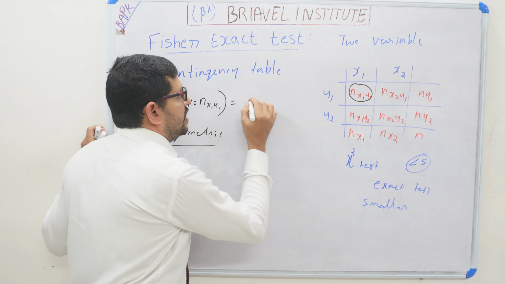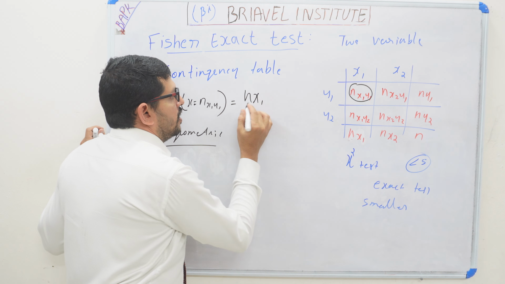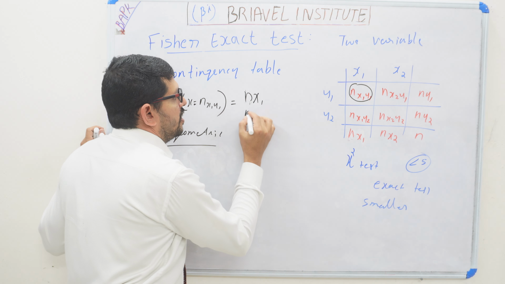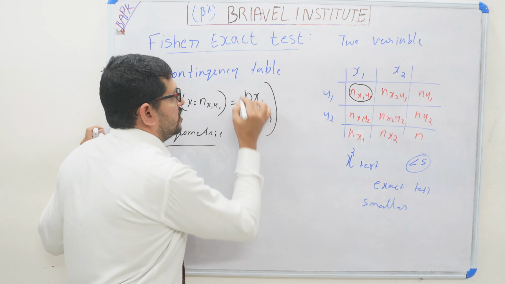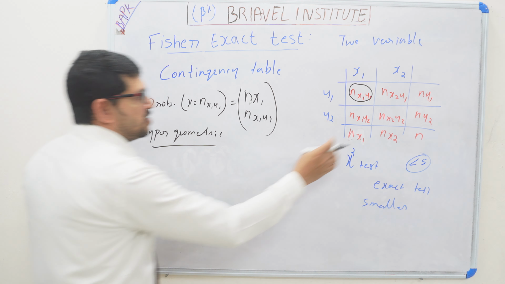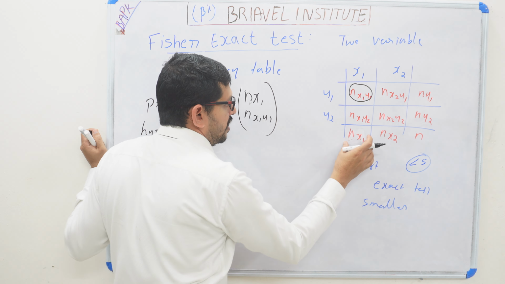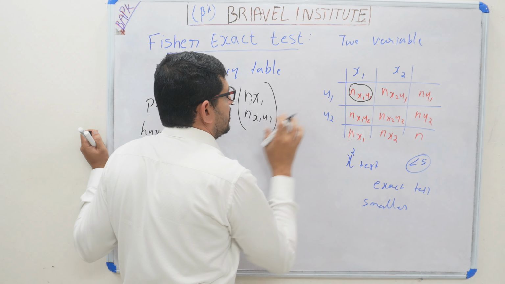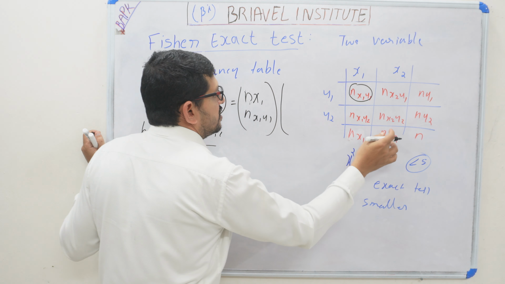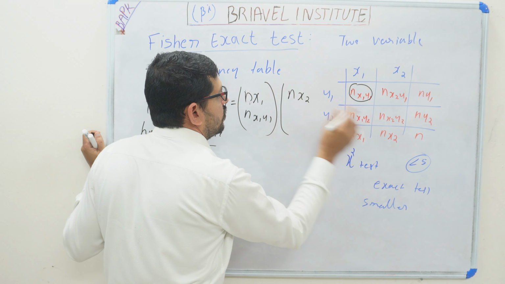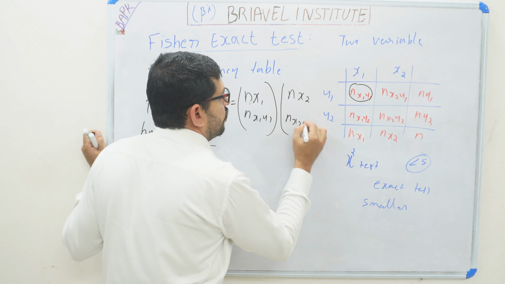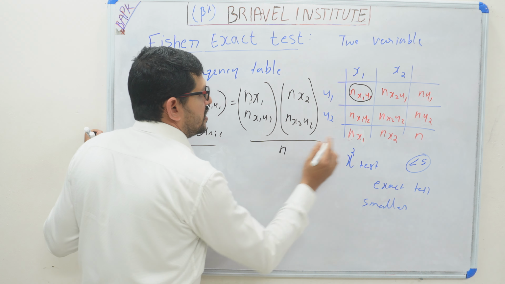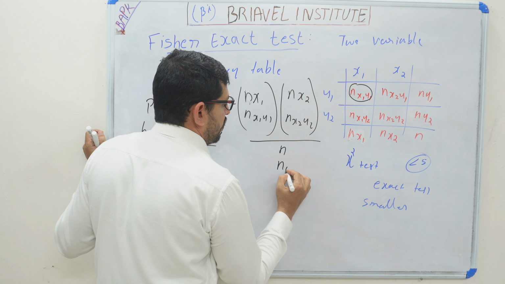It is the combination of n x1 choose n x1 y1, times n x2 choose n x2 y2, whole divided by the total number n choose n y1.